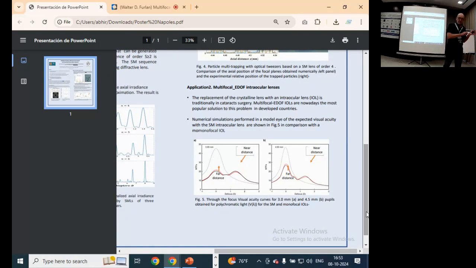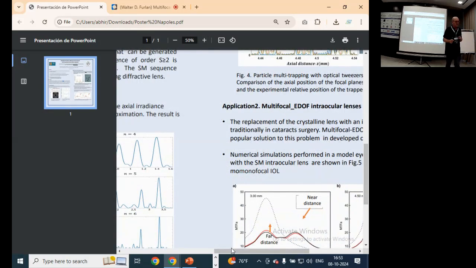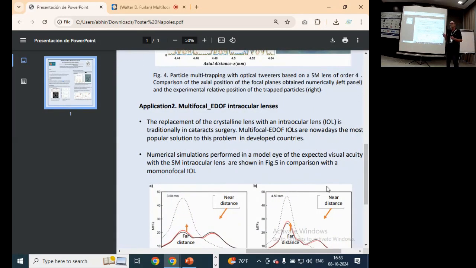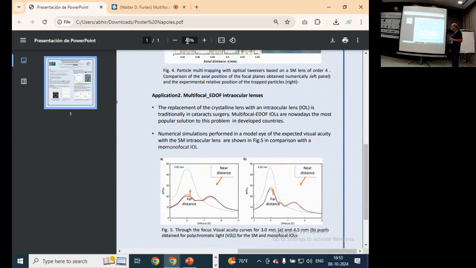This is another field with different principles, of course, but we are also interested in applications in the ophthalmic area. I have to introduce which is the main goal of this application.